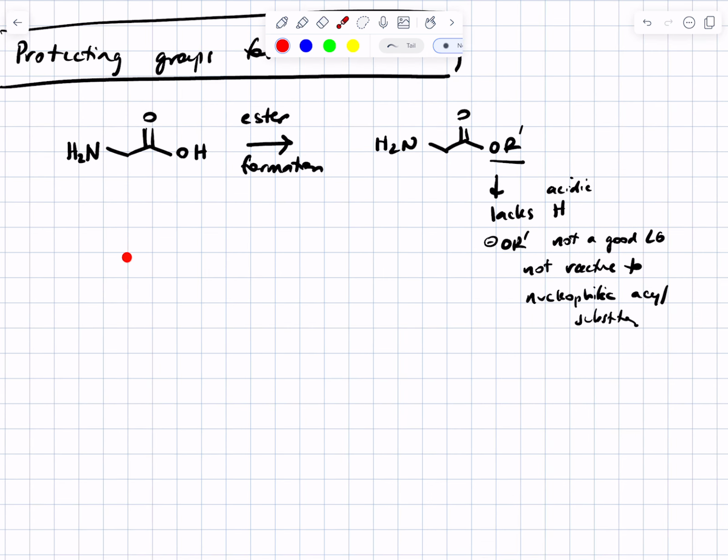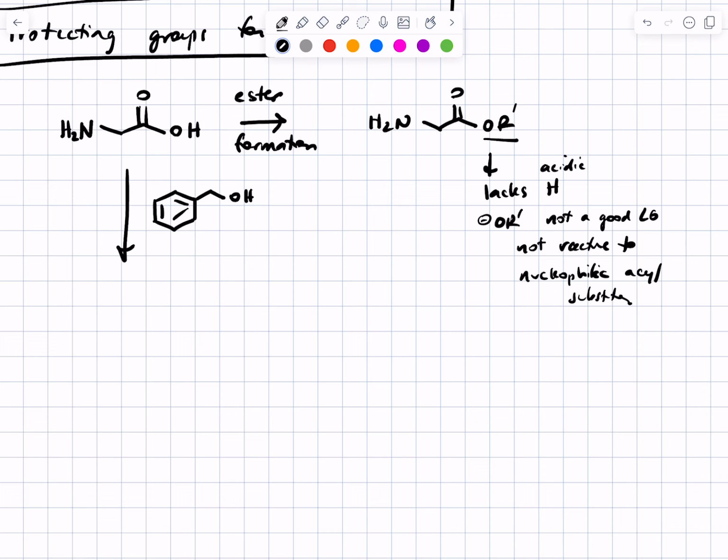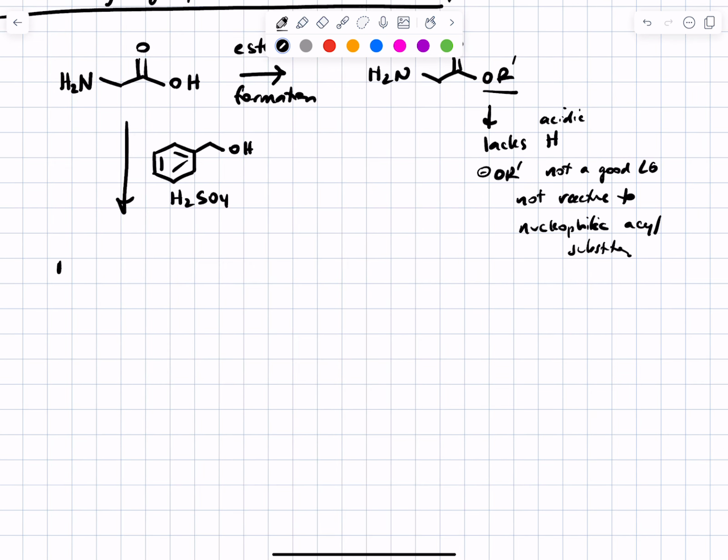A decent choice for an ester protecting group for a carboxylic acid is what's called a benzyl ester. You can form the benzyl ester in a couple of different ways. You can do acid catalyzed ester formation.